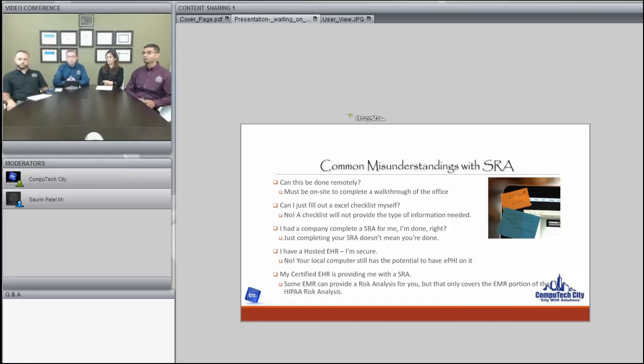They could have PHI on them, and most likely are not encrypted if they're used for office staff. Like shown in the picture on the slide, passwords written on a sticky note. That's a big no-no, but practices still do it because people can't remember their password, or they have passwords for multiple different things. It just shouldn't be done.